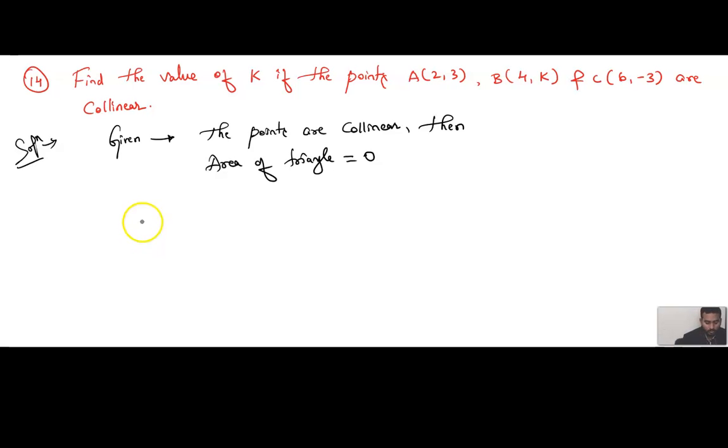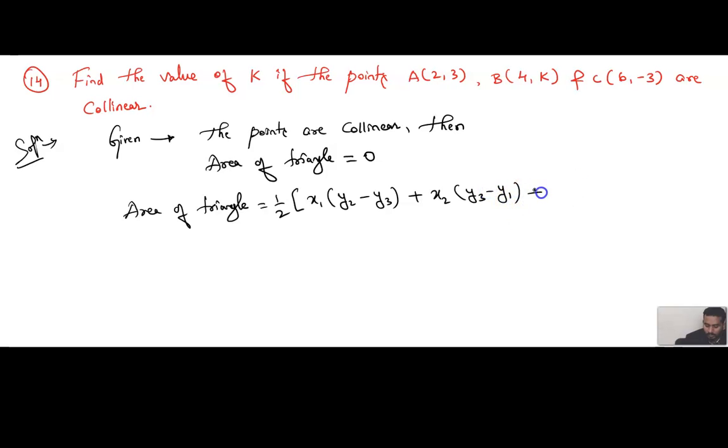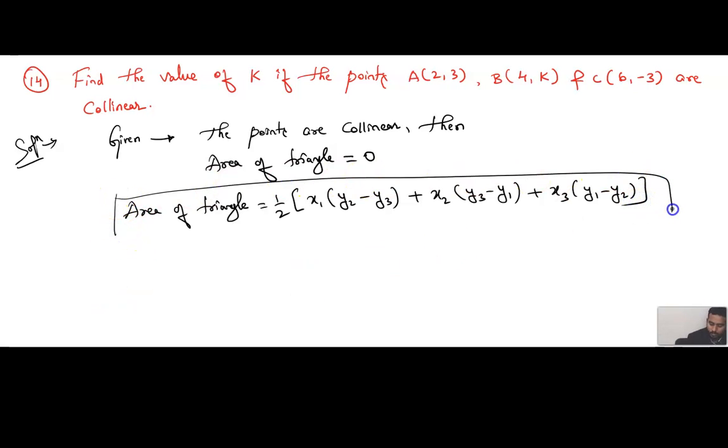Now we apply the area of triangle formula, that is area of triangle equals half into x1 into (y2 minus y3) plus x2 into (y3 minus y1) plus x3 into (y1 minus y2), close the bracket. Right?